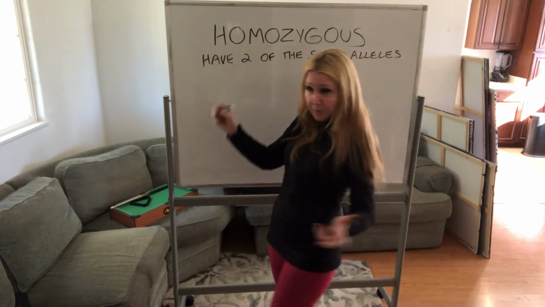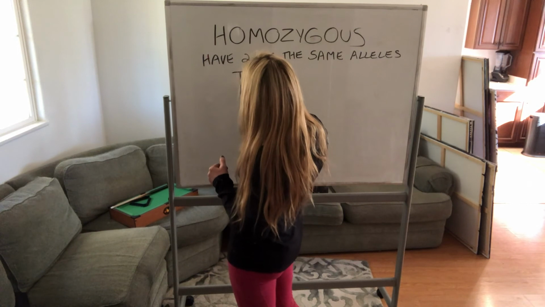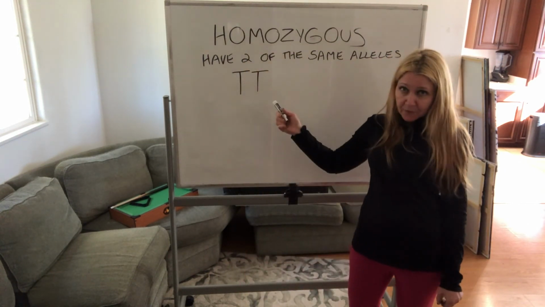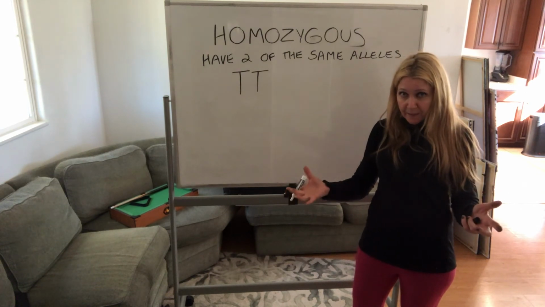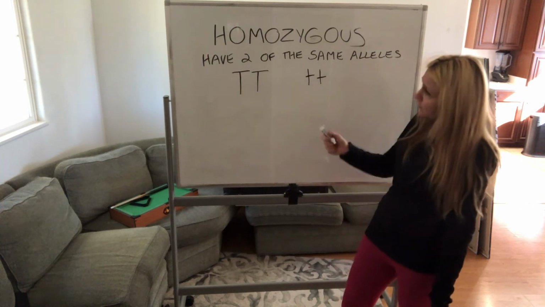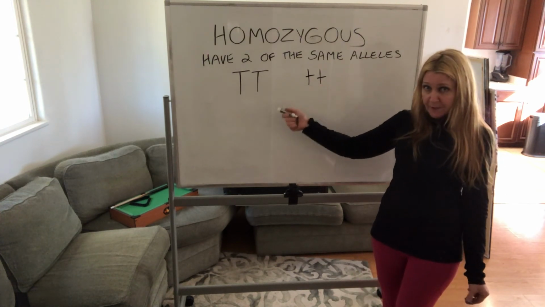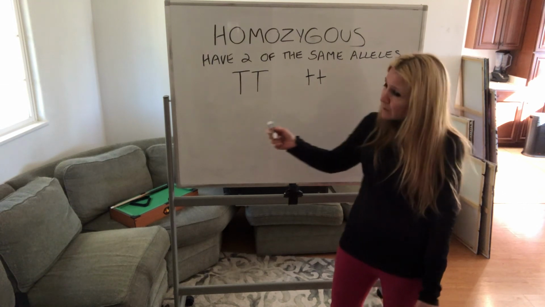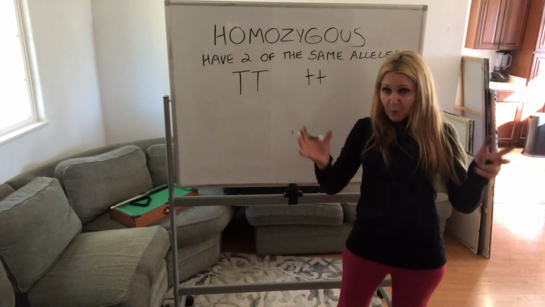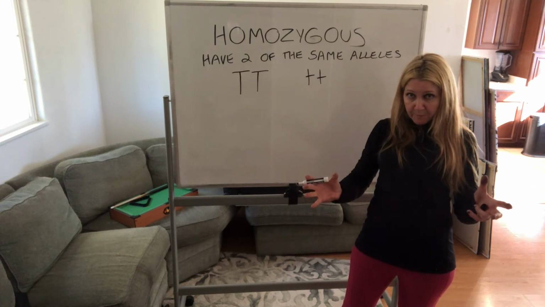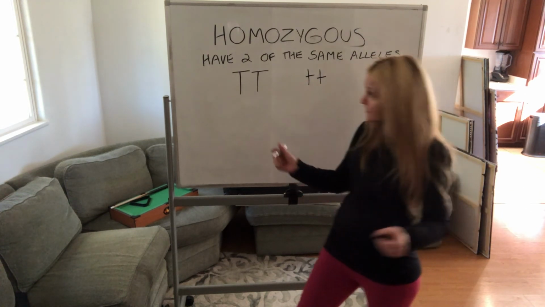So you either have two dominant or two that aren't dominant. Going back to the plants, big T, big T, that's homozygous because they're the same. Zygote is fertilized egg. Homo means same. Little t, little t. So these are examples of homozygous. These individuals are homozygous. If you have one big T, one little t, they're not the same. So those are called heterozygous.